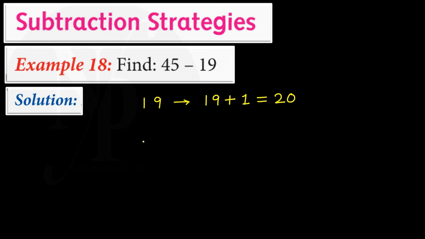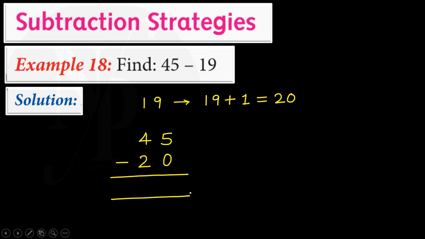See, let us write down here one below the other. So we write 45 and below that we write 20, and we put a minus sign here to indicate we are subtracting. So subtracting 20 from 45 is easier than subtracting 19 from 45, isn't it?